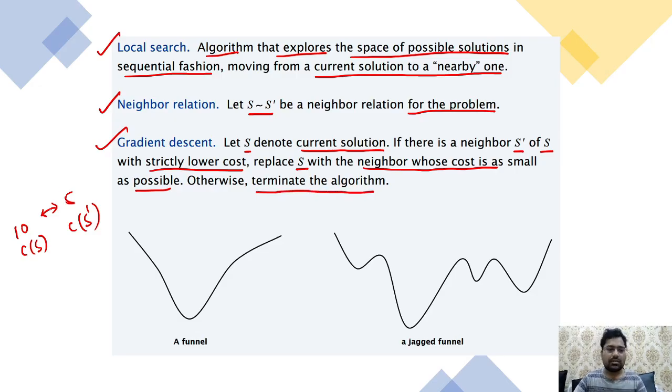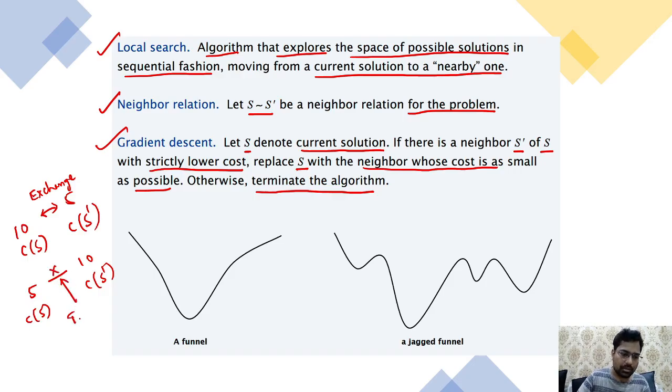This is the condition where we can exchange. If the current cost is 5 and the neighbor cost is 10, you have to terminate, meaning you have reached your current position.